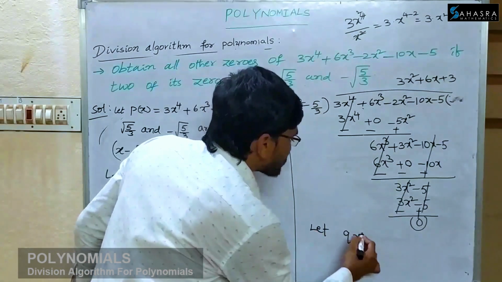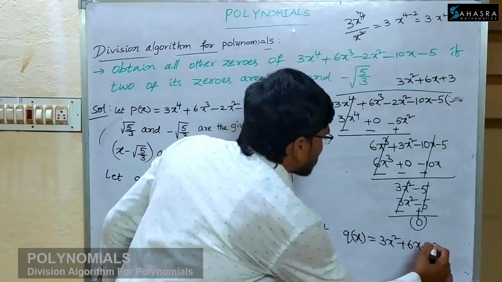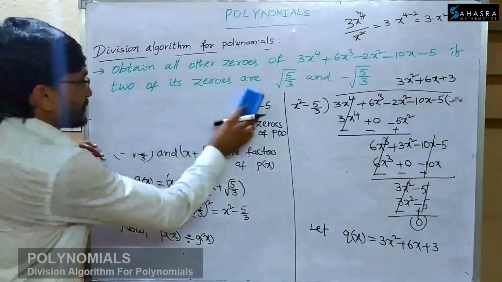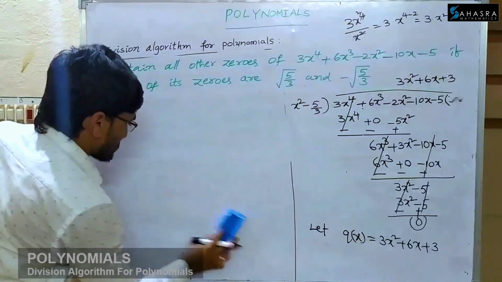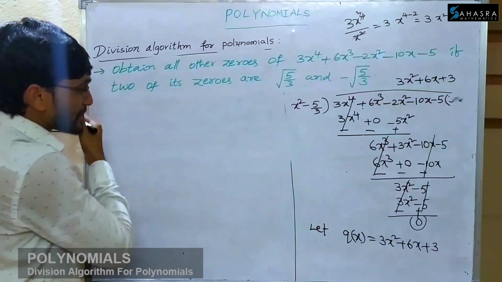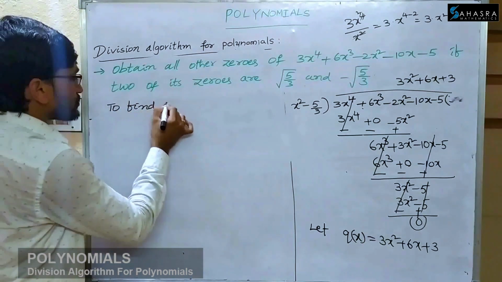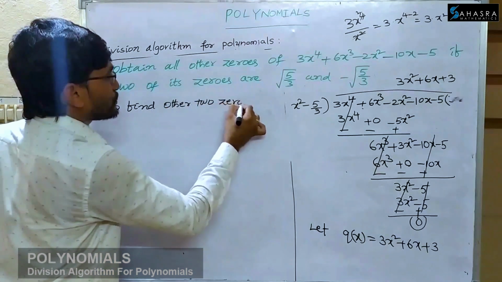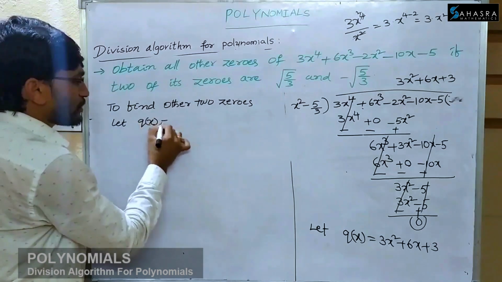Therefore, let q of x is equal to 3x^2 plus 6x plus 3. So to find the other two zeros, let q of x is equal to 0.